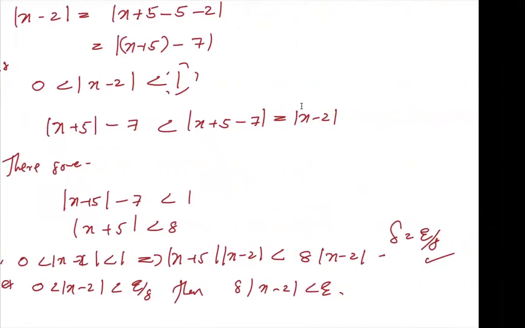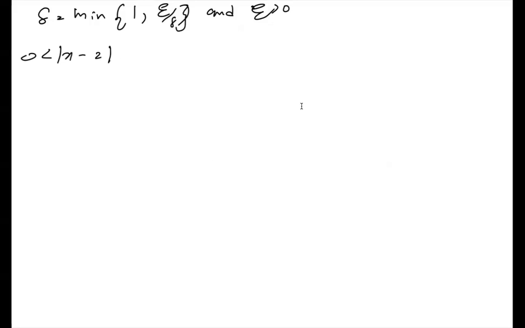Then I can write my final answer. I can say let delta equal the minimum of 1 and epsilon over 8, and epsilon greater than 0. Right? So then I can say 0 less than |x minus 2| less than delta, which is less than or equal to 1.